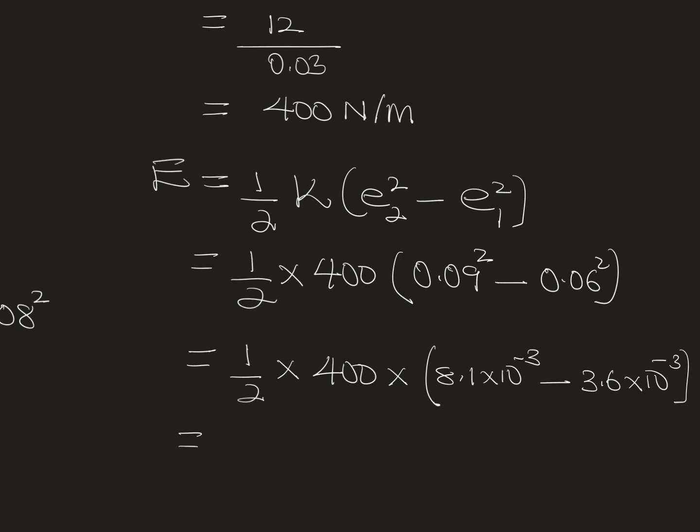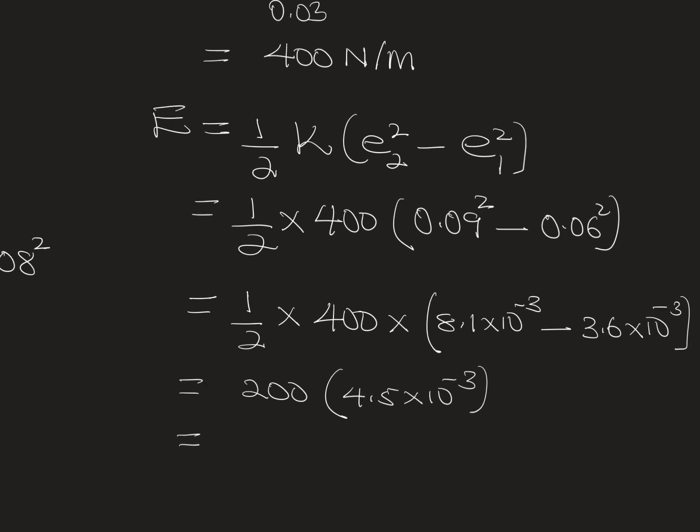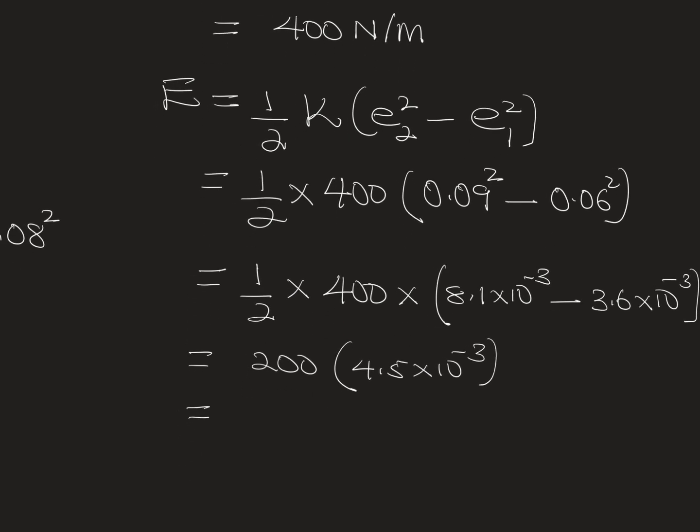So that will be half of 400 is 200. So that will be 200 into 8.1 times 10 to the power negative 3 minus 3.6 times 10 to the power negative 3. We will have 4.5 times 10 to the power negative 3. So if we multiply that by 200, we will still have 0.9 joules as the final answer.